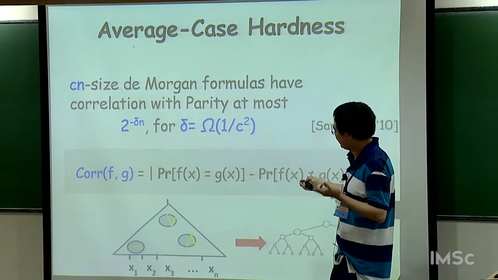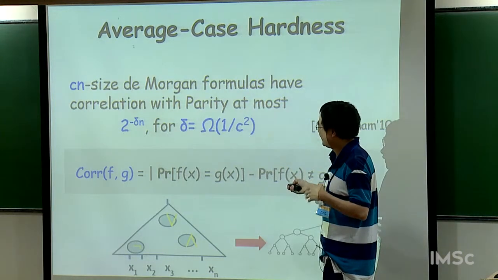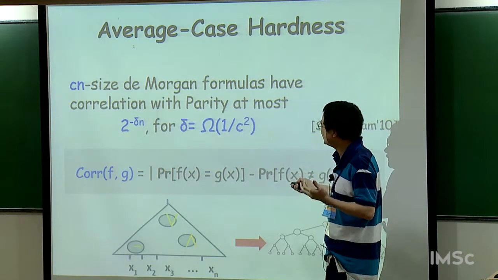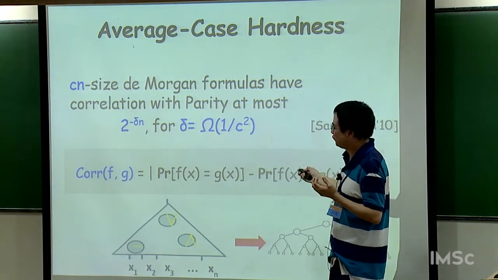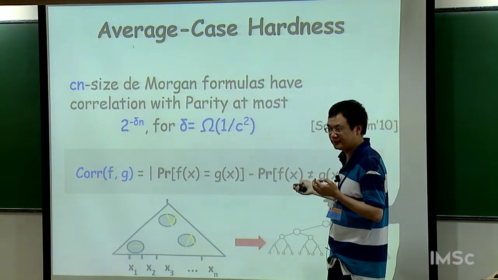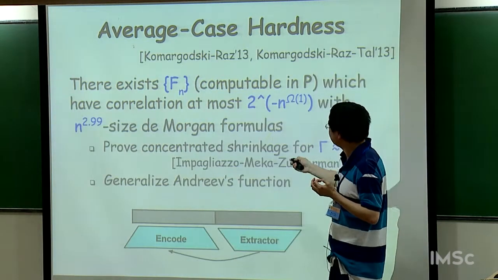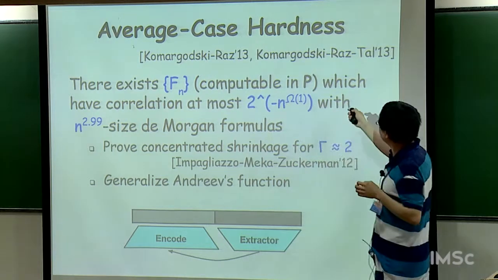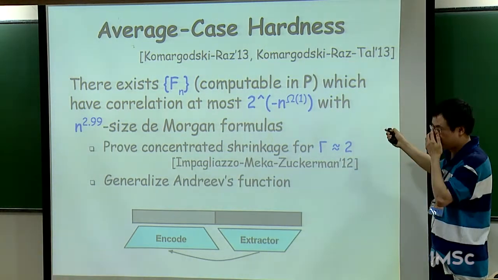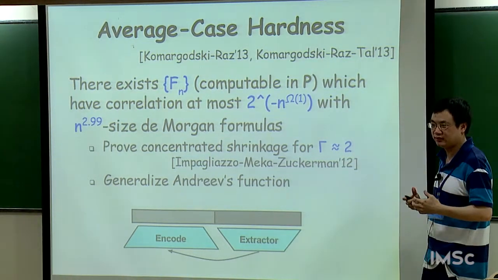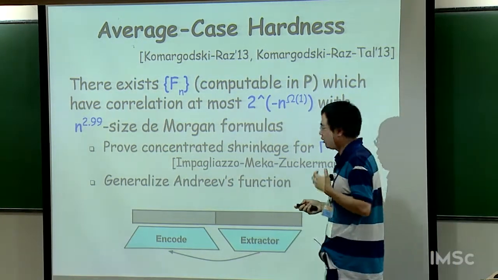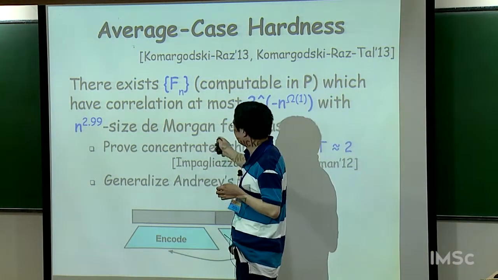But this average case hardness can be improved because we know that the worst case lower bound for De Morgan formula is cubic size. So in the work by Komargodski, Raz, and Tal, they essentially proved average case hardness lower bounds for almost cubic size De Morgan formulas.